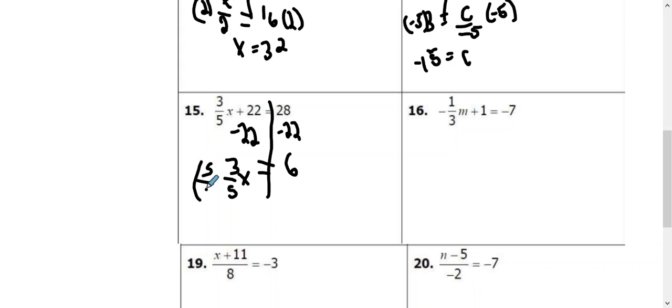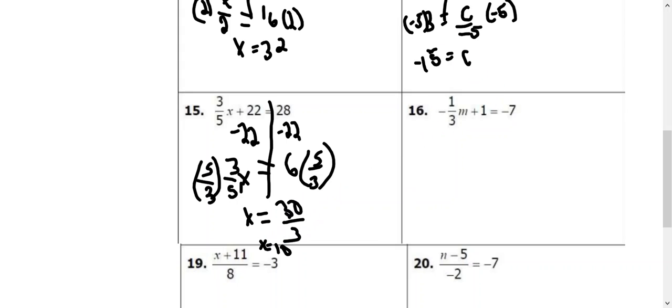The reciprocal just flips, so 5/3 and 5/3. When you do this, 5/3 times 3 is 15, 3 times 5 is 15, 15 over 15 is 1. So then x equals 30 over 3, which would be x equals 10.